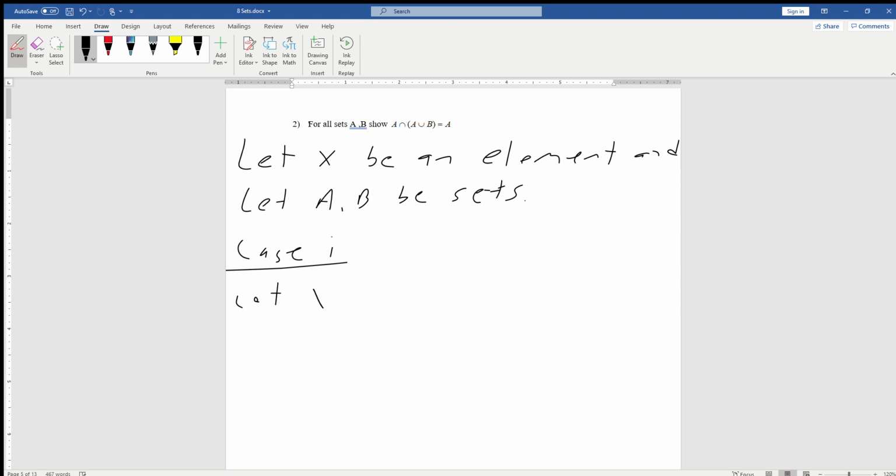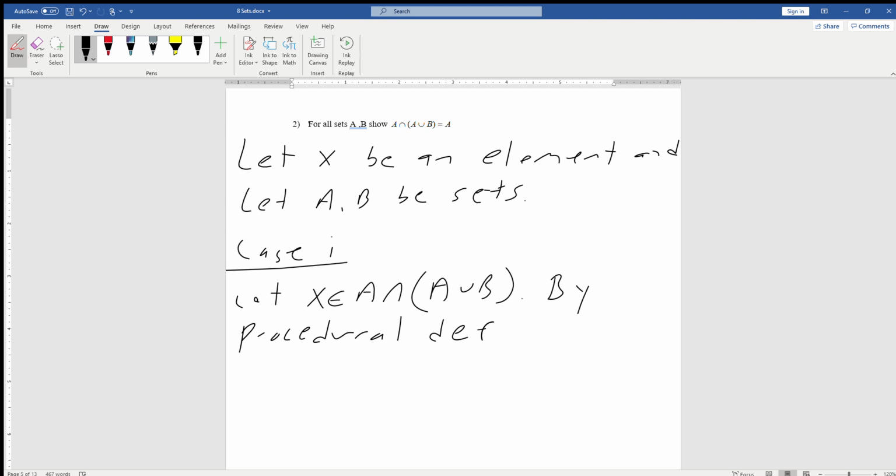So we're going to say let X be an element of A intersect (A union B). By our procedural definition, this means that X is an element of A and X is an element of A or X is an element of B.